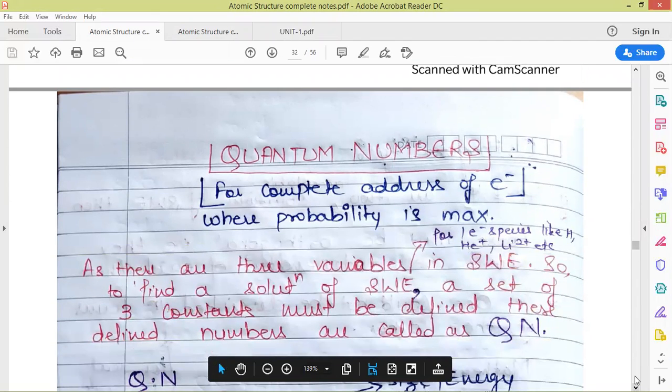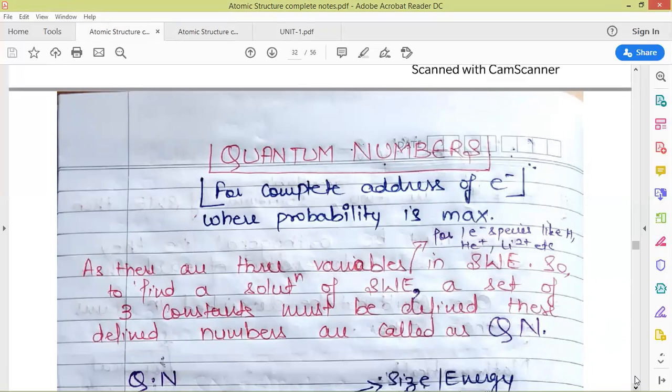Now we have seen that the Schrodinger wave equation has 3 variables, so it can be defined on the basis of 3 quantum numbers for the complete address of the electron. Psi is the wave function for which we are finding the solution, and this equation is meant for finding the probability of finding the electron.